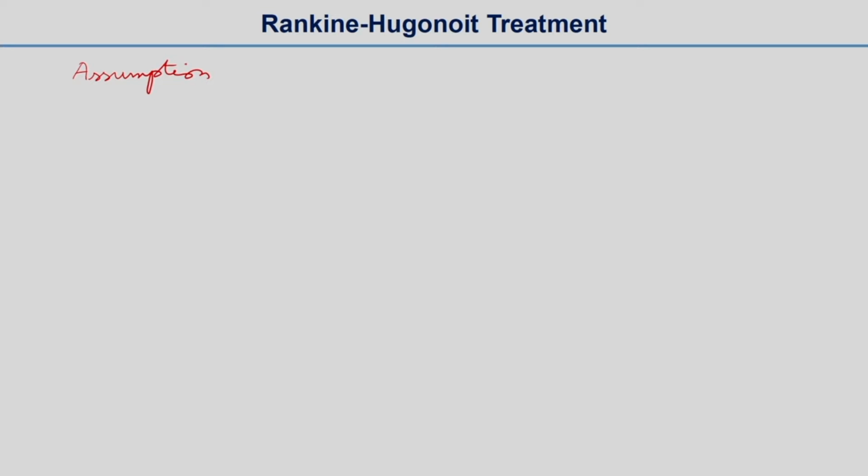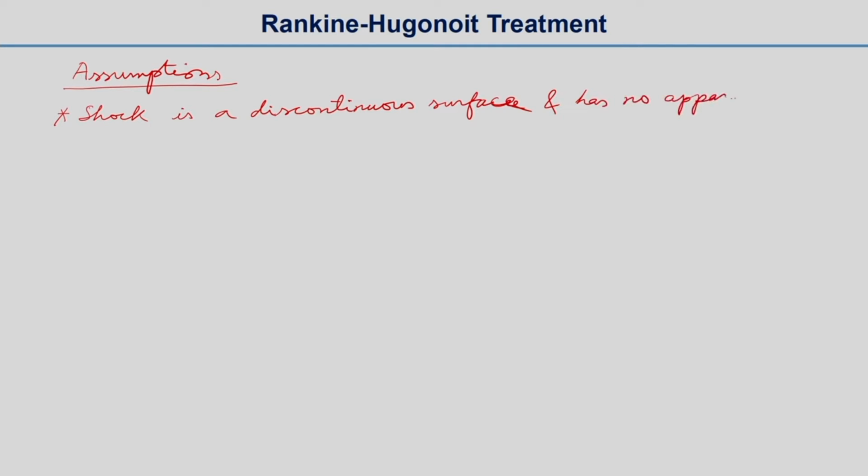the assumptions for the shock wave in the Rankine-Hugoniot treatment are as follows. The first one is that a shock is a discontinuous surface and has no apparent thickness, or a very small thickness.